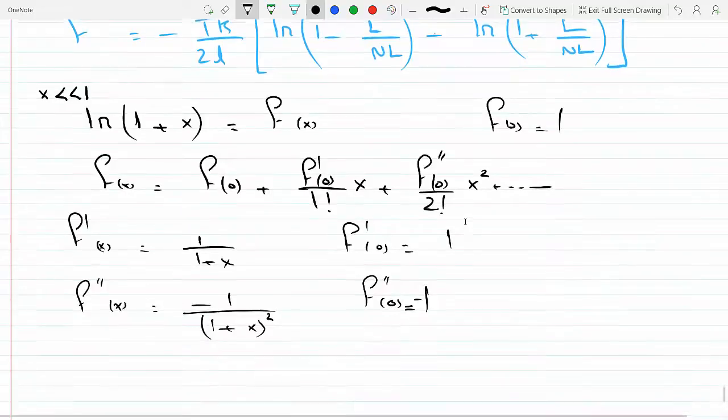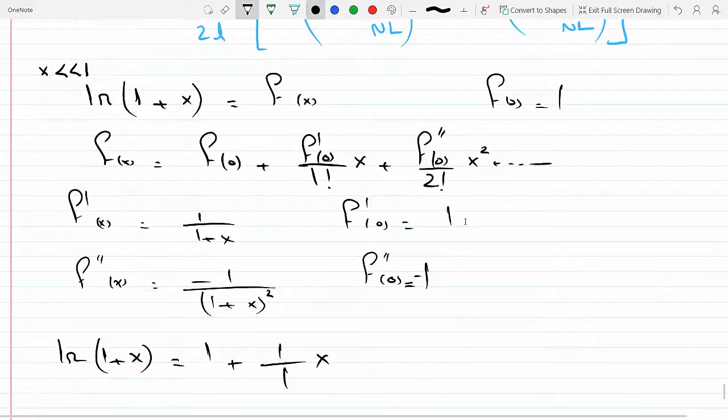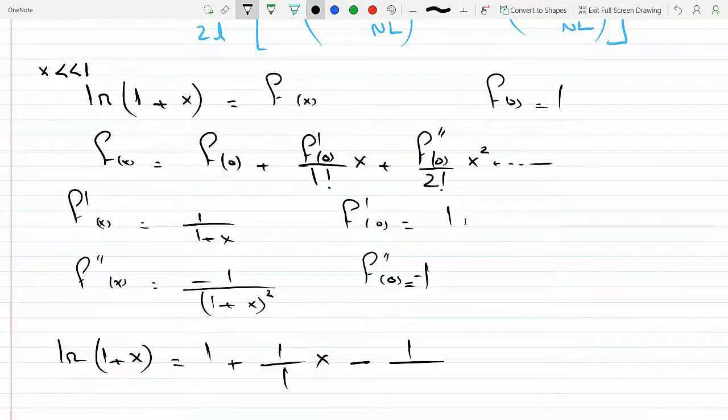Plugging all this into Taylor, I get ln of 1 plus x to be x minus 1 over 2 x squared plus higher order terms.